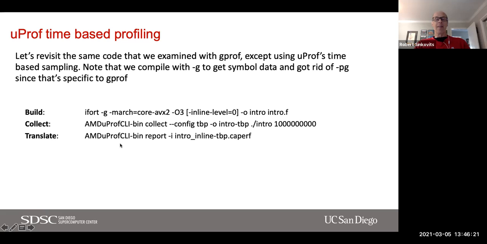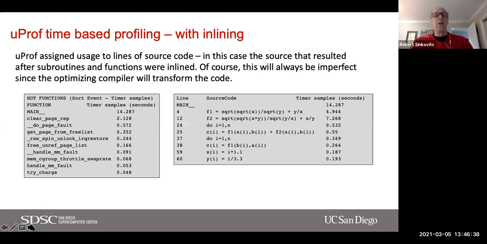And then finally the translate stage, where again we run the AMD uProf CLI bin, this time report instead of collect, -i intro, and this is going to point to the caperf file that I generated previously.